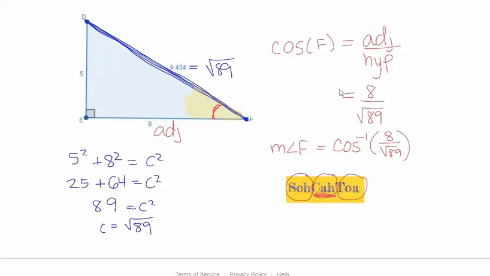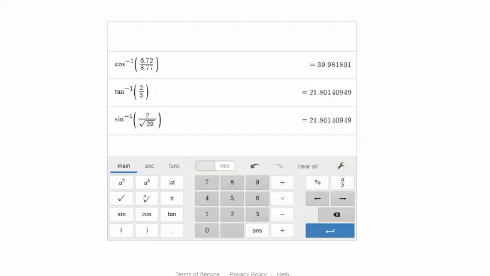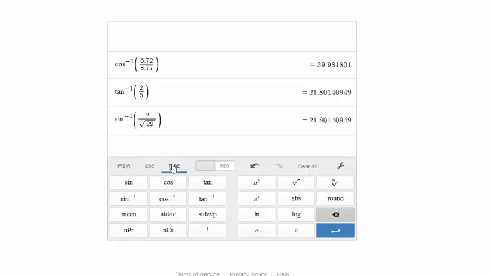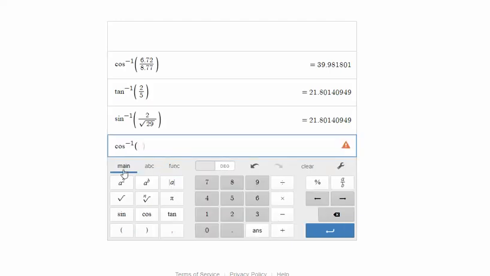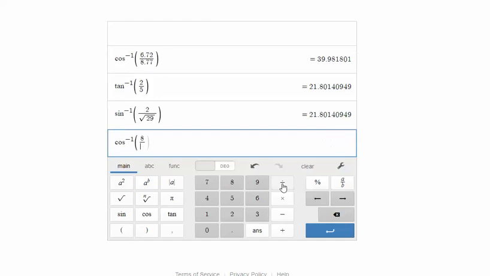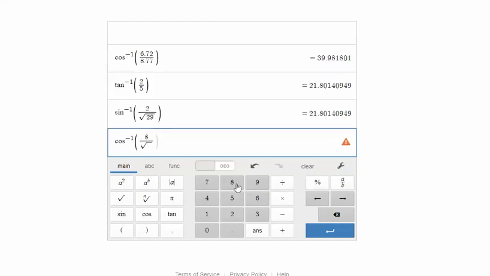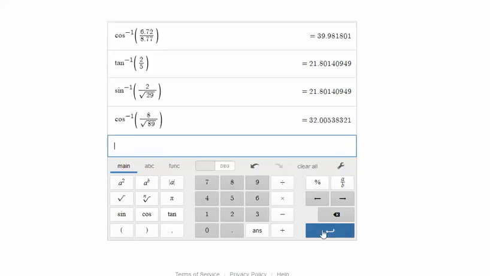So I'm going to come over here to my scientific calculator. I'm going to go to my inverse cosine, and I know it's in degree mode, and then I want to make a ratio of 8 over the square root of 89. And we're getting very, very close to almost exactly 32 degrees.